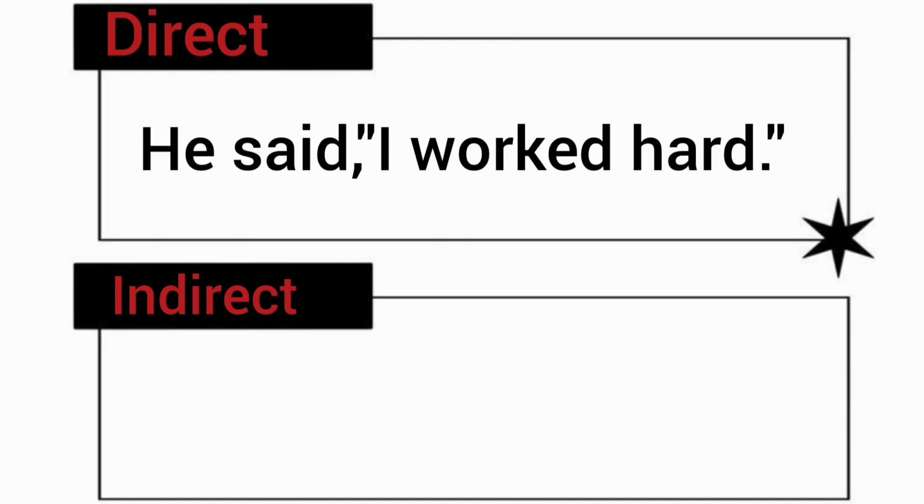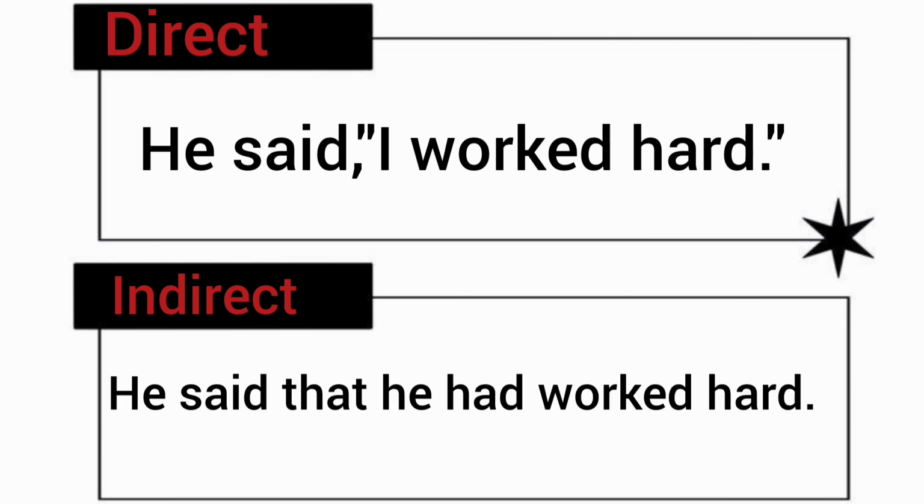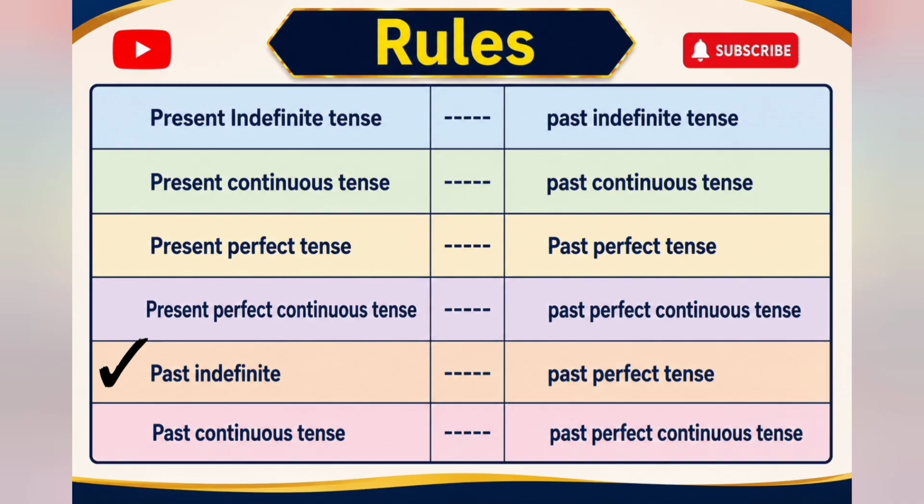Now both portions of this sentence, reporting and reported, are in past indefinite tense. So you have to change the tense of reported speech, that is, he said that he had worked hard. You have to add the word had because it is already in past indefinite tense. So past indefinite tense will be changed into past perfect tense.